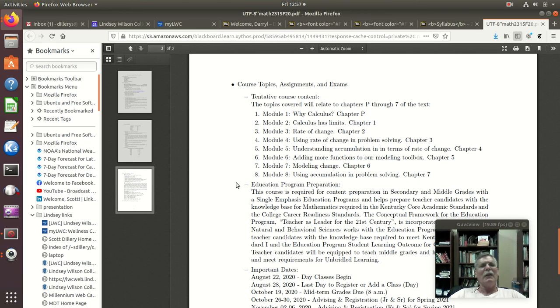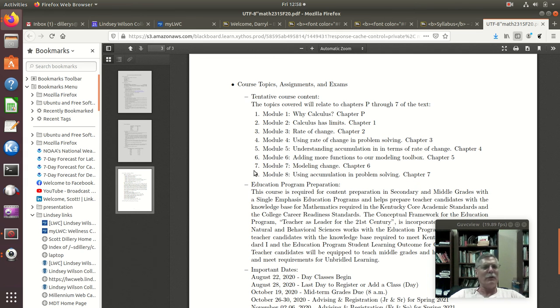Technically speaking, it's 15, by weird counts, because we start on Saturday, which counts as a whole week because it's not Sunday, and then we have our final exams that last week, the week of Thanksgiving. So if you count that way, we have 15 weeks, but if you actually count real live weeks, we've got 13 weeks, and so we're trying to fit these 8 modules in just 13 weeks.